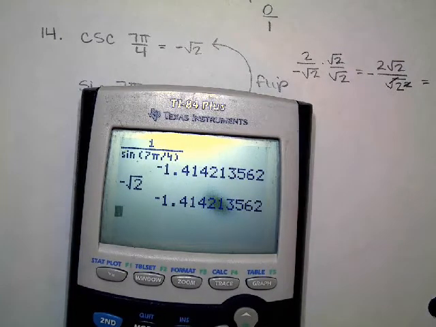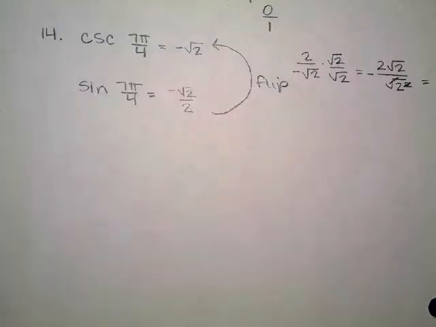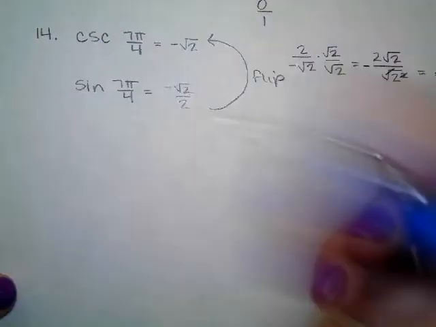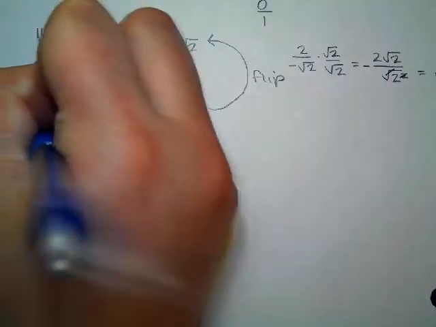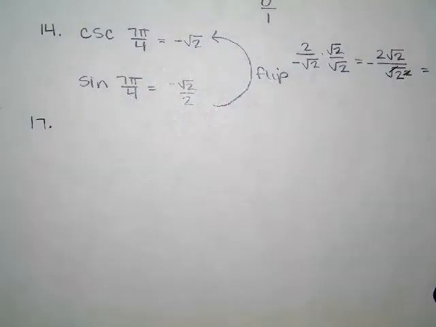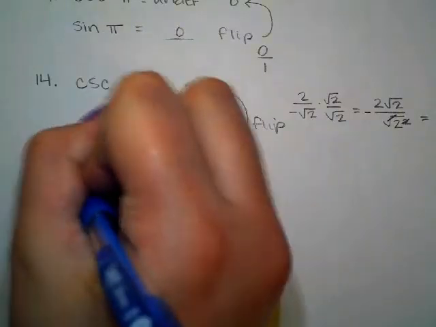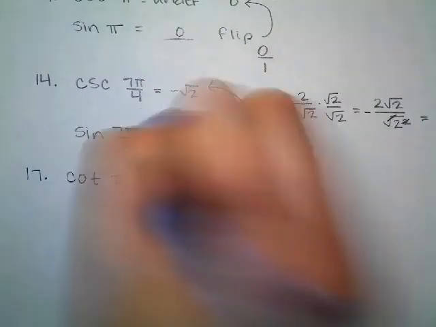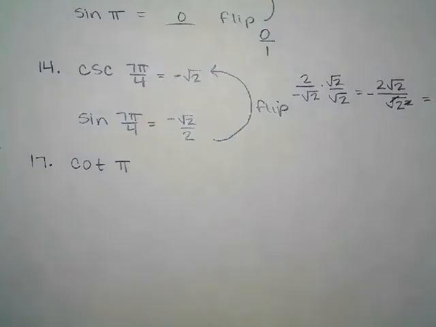Okay. All right, let's try number 17. 17 is cotangent of pi. So cotangent is very similar to tangent. I wouldn't even find tangent first to do it.